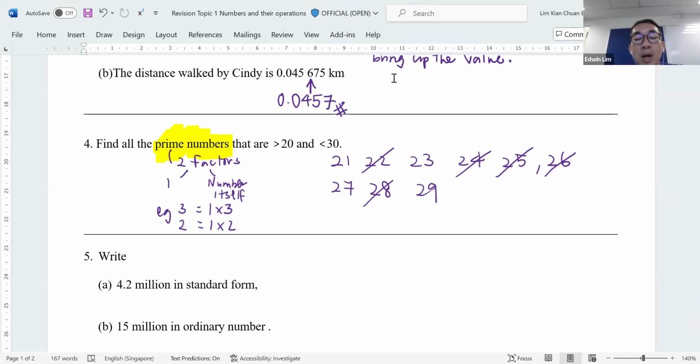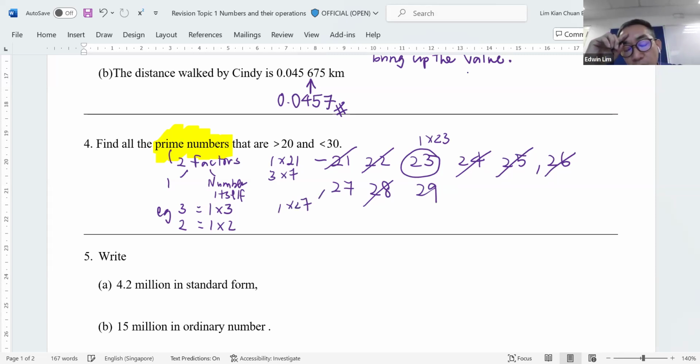Let's look at 21. 21 is 1 times 21, 3 times 7. The moment it has more than 2 factors, 21 is not a prime number. 23, 1 times 23. Anything else? No more. How about 27? 27, 1 times 27.